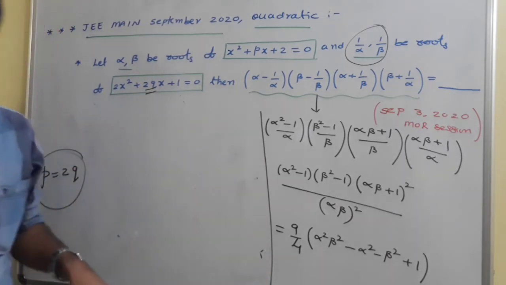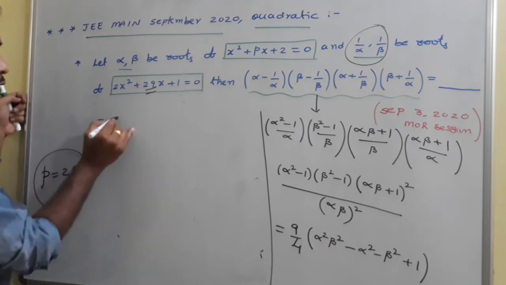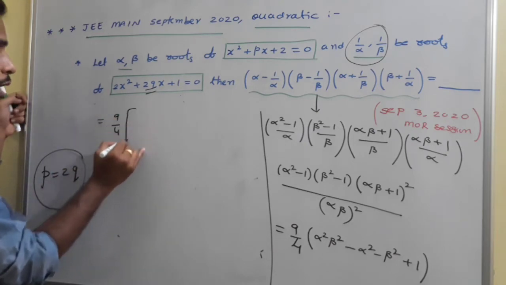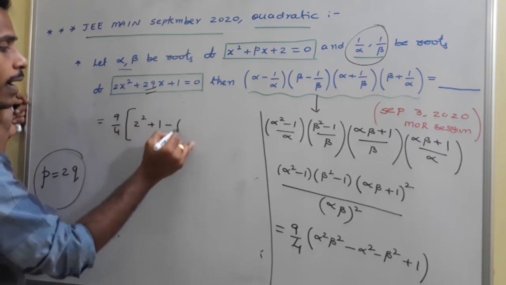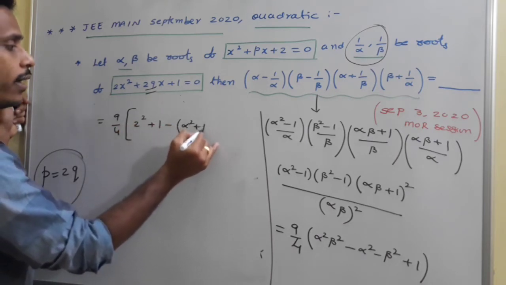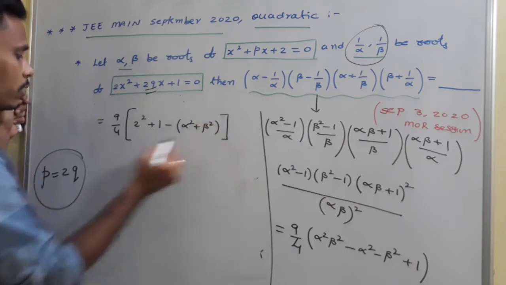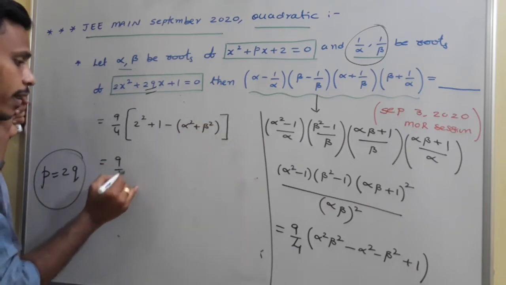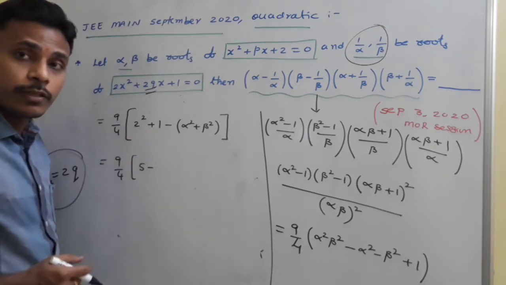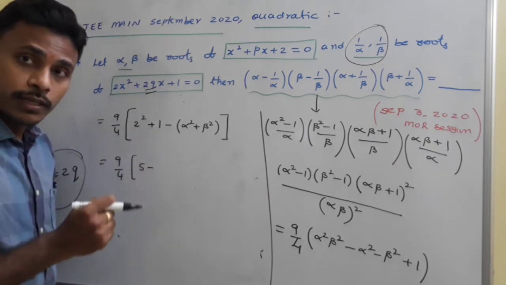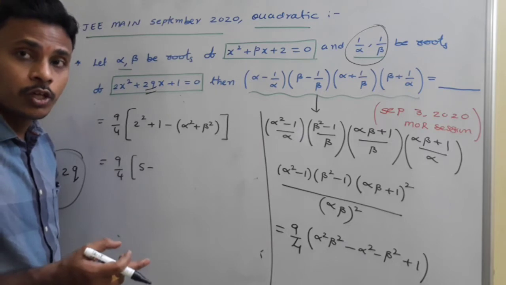Okay. Now this is equals to 9 by 4 into alpha square beta square is 2 square plus 1 minus of alpha square plus beta square. Okay. That is equals to 9 by 4 into 2 square plus 1 is 5. See, this alpha square plus beta square is what? Alpha plus beta whole square minus 2 alpha beta.